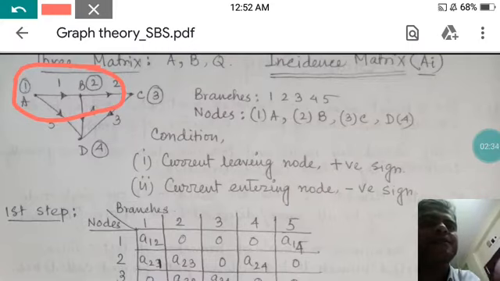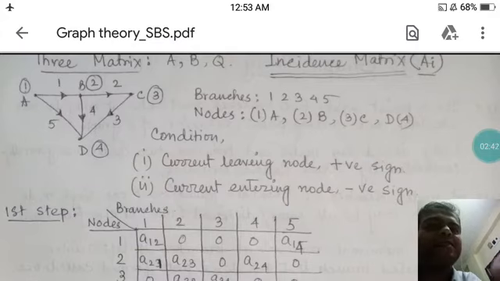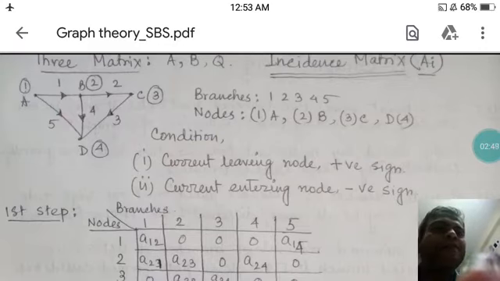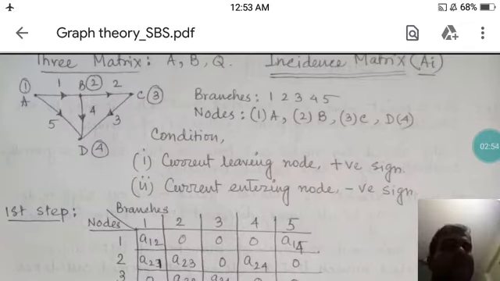But the coefficient with respect to B should be minus. Why? Because current is entering B and leaving A. So with respect to A the coefficient should be positive, and with respect to B negative. This is the basic conception before starting an incidence matrix.